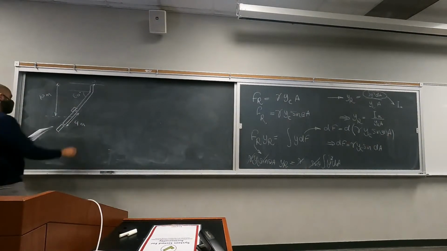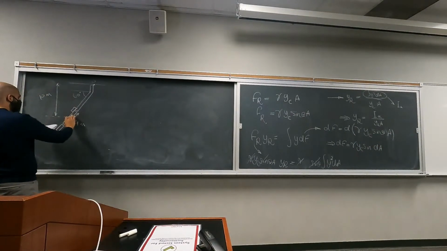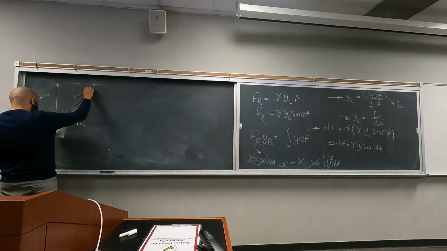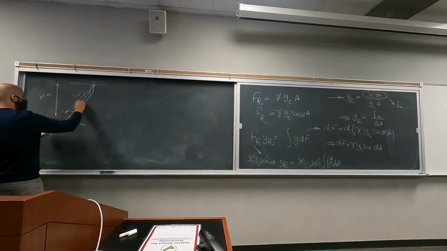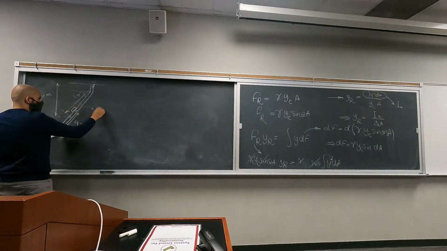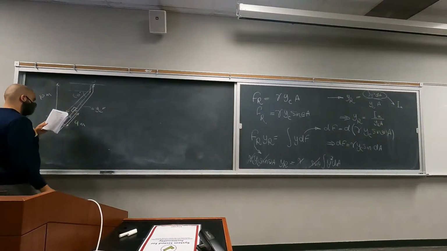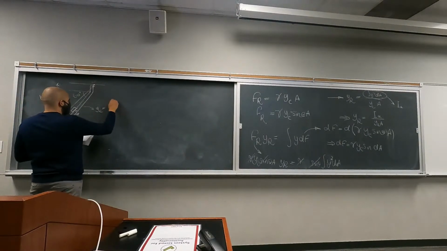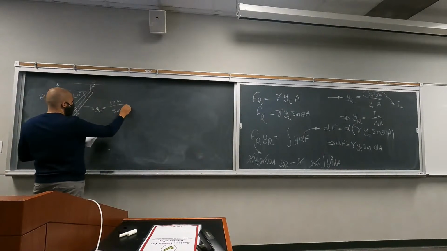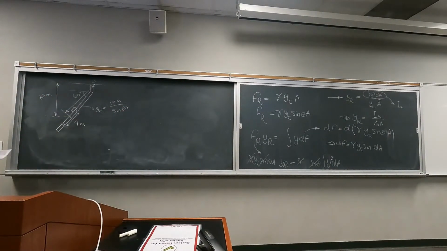We are also given the location of the centroid from the coordinate system. So we are also given the y of c, which is 10 meters. And we could have calculated that, of course, divided by sine of 60. What else do we have?